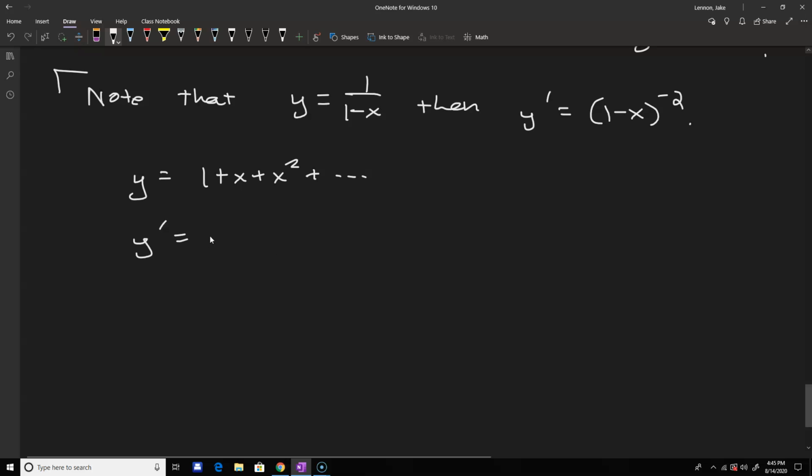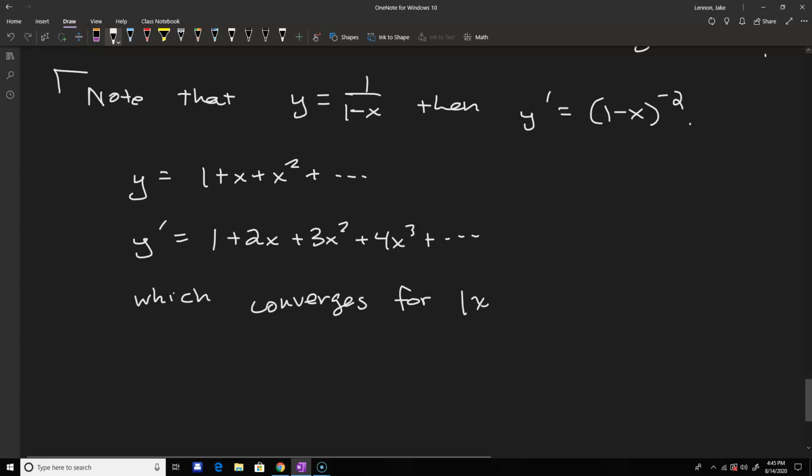So the first would be 0, then we'd get 1 plus 2x plus 3x squared plus 4x cubed, and so on, which converges for the absolute value of x less than 1.